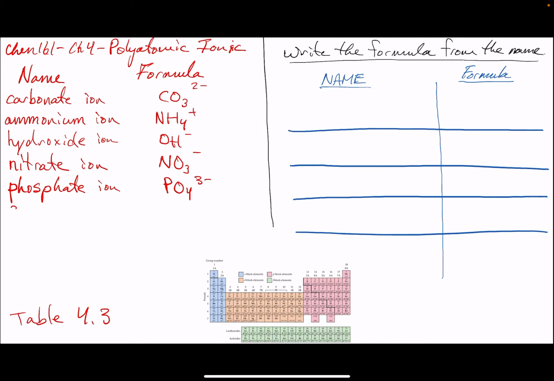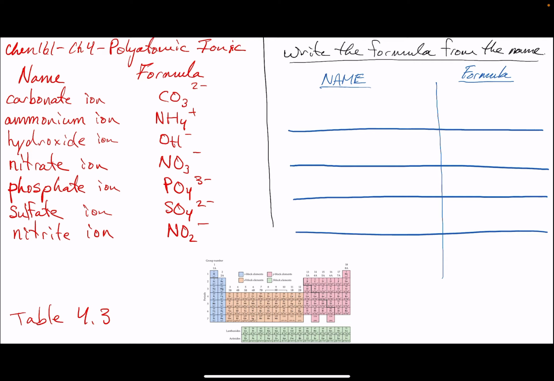Another one for us here, sulfate ion. And this one is SO4 2-. And the last one that we need to memorize is the nitrite, emphasis on the "ite" that I pronounced there for the end, nitrite ion. It distinguishes it from the nitrate ion. This is NO2-, single charge -1.